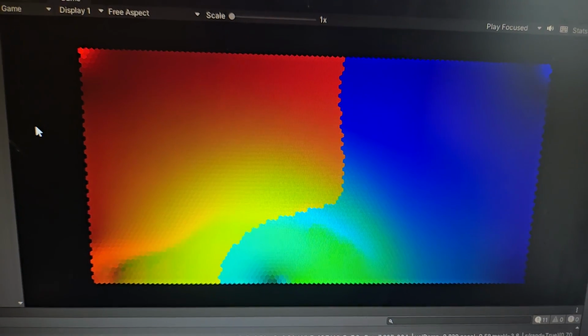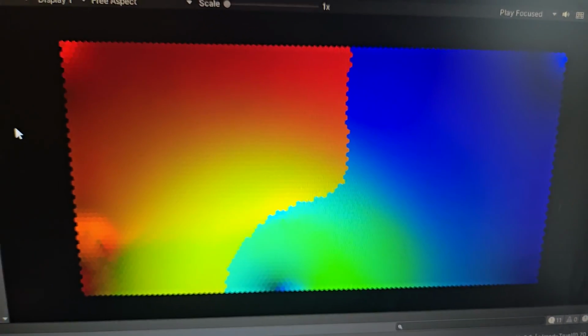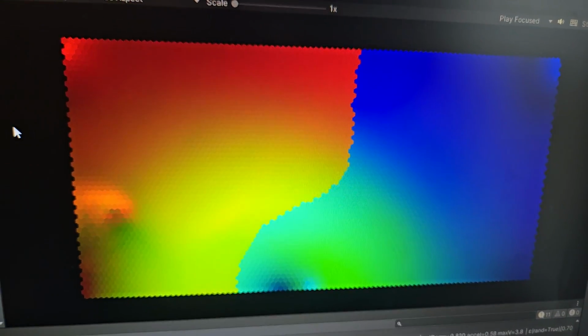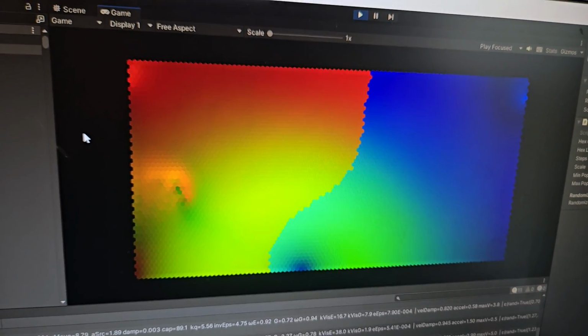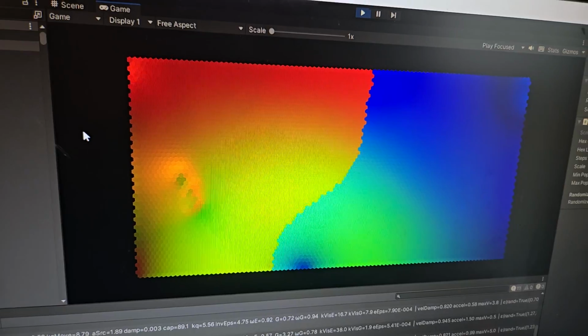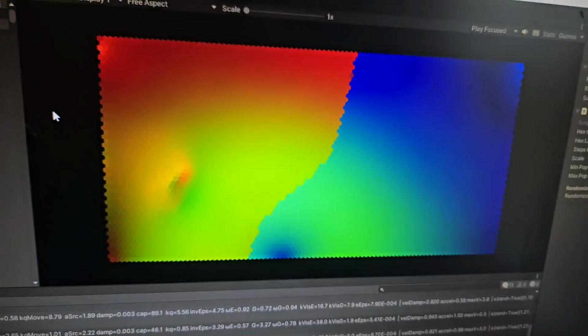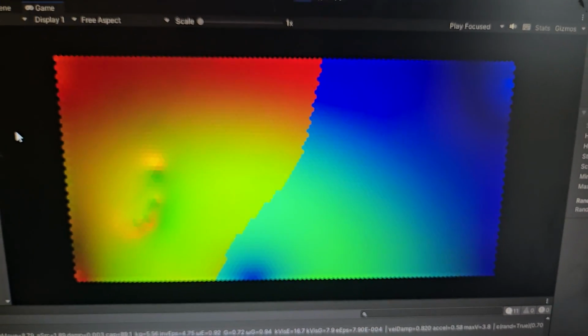It's hexagonal cells. I made it that way because the square grids weren't round, they were more angular, because squares only affect up, down, left, and right, whereas hexagons more closely approximate circular structures, so it's a little more round.